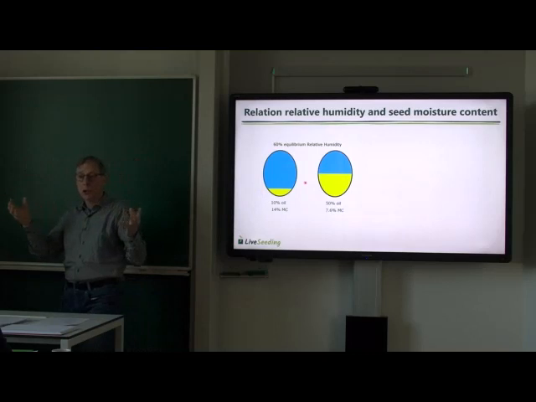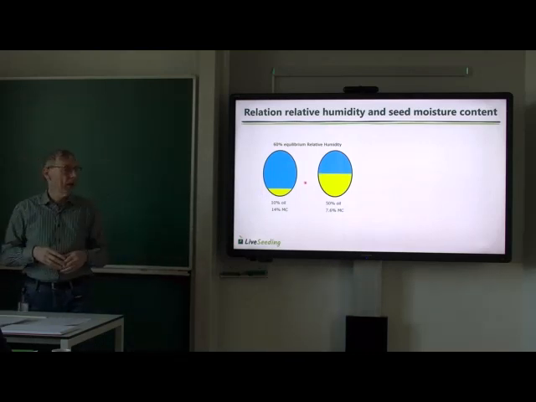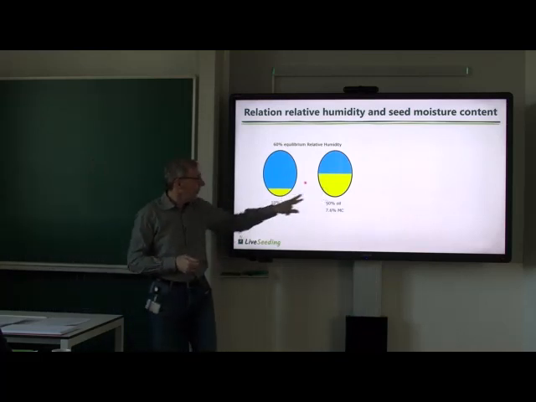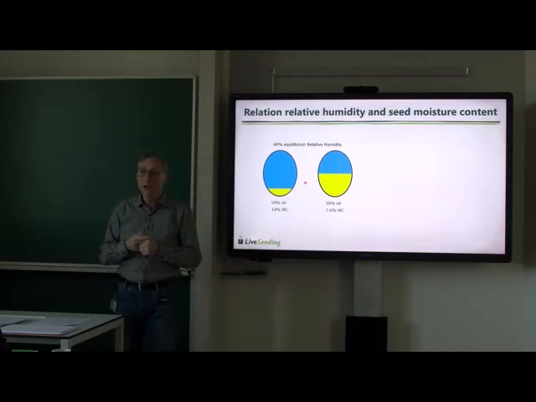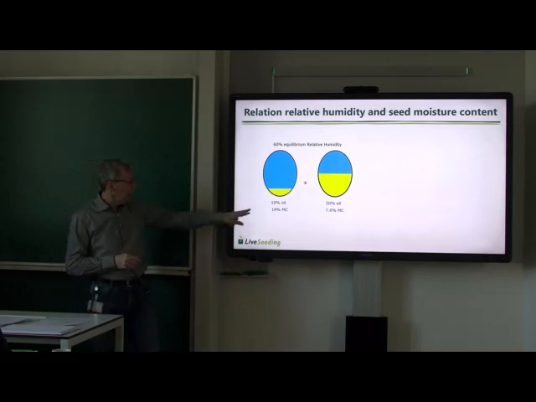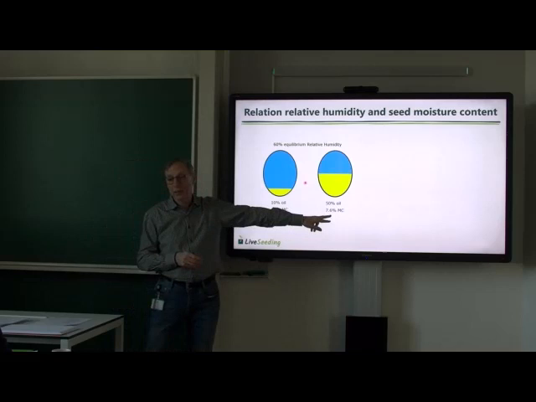Seeds are very hygroscopic, most seeds. They absorb moisture very easily from the air. Well, the amount of water is the same in this yellow part. But if you look at the moisture content of the seed, then this is 40% moisture content, and this is 7.6% moisture content.